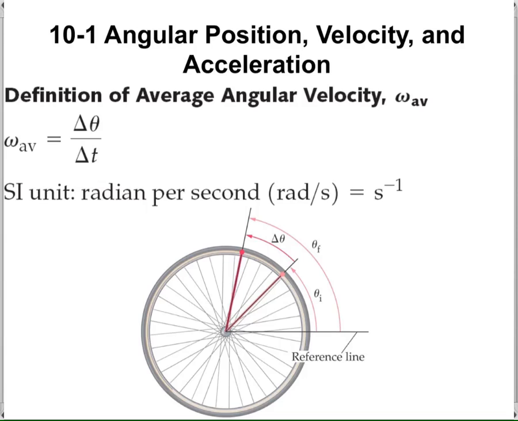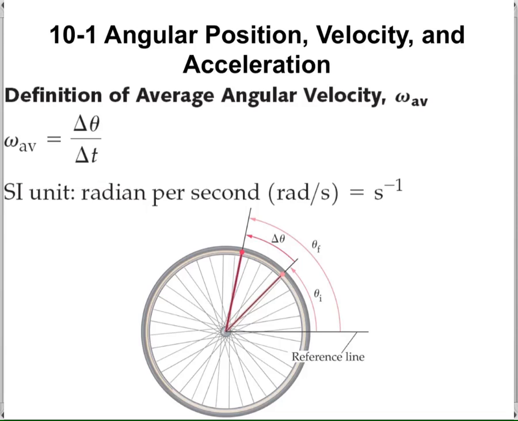If you're measuring the angular displacement in radians, you can also measure the angular velocity in degrees per second, or revolutions per second, or revolutions per minute. All the time you see on electrical motors, at 22 volts, this motor makes, let's say, 1000 RPM.